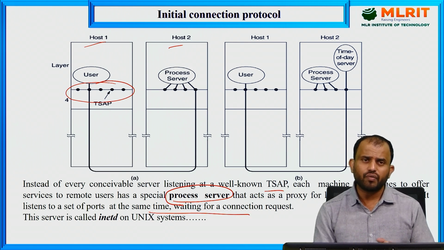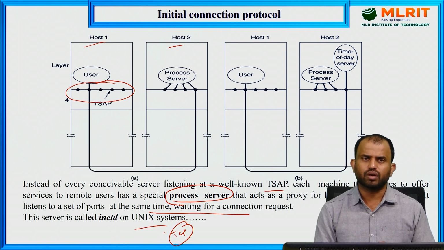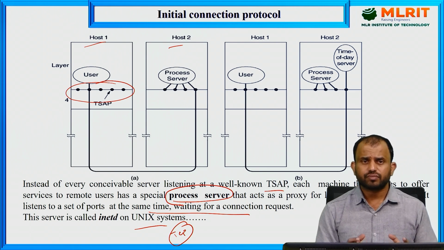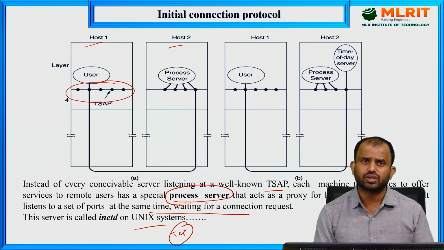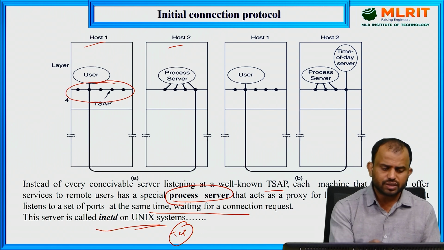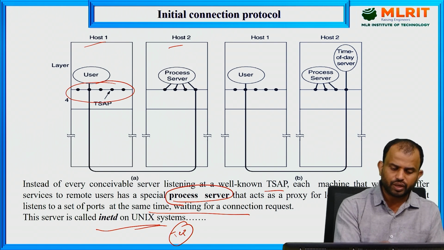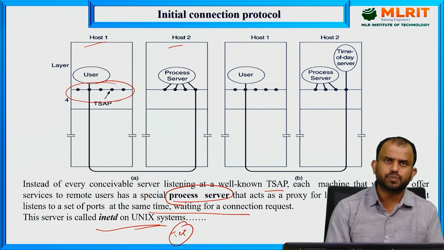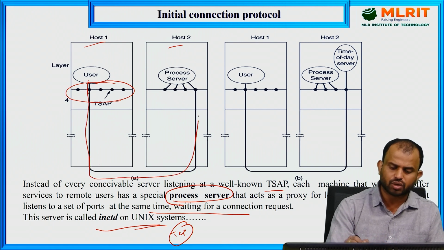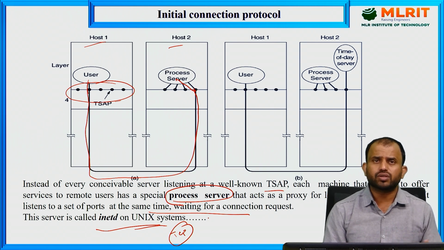Here, based on the Unix and our TCP system, we access that, and we call this the initial connection protocol on a Unix system. Here this acts as host 1, this acts as host 2, and between them we have n number of transport service access points. Each user access point is connected to multiple processes, which means a process-to-process server is there.